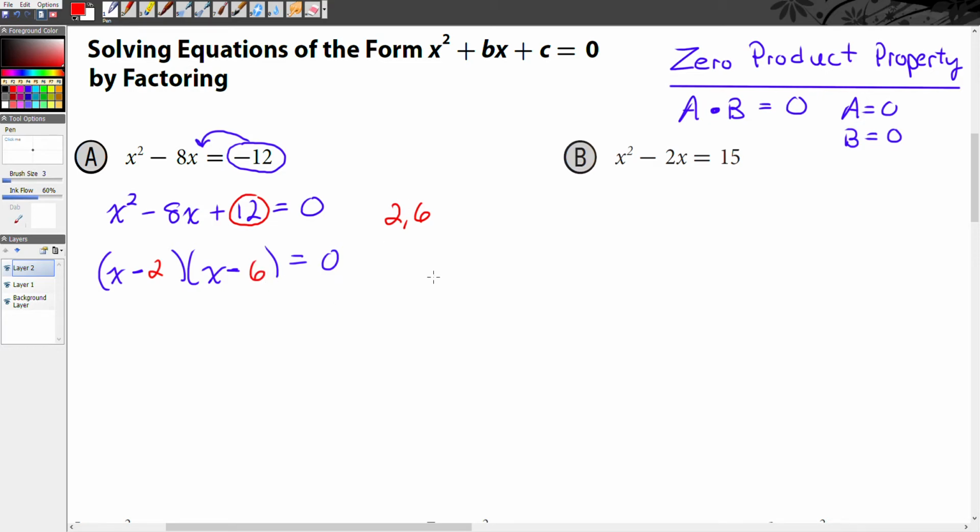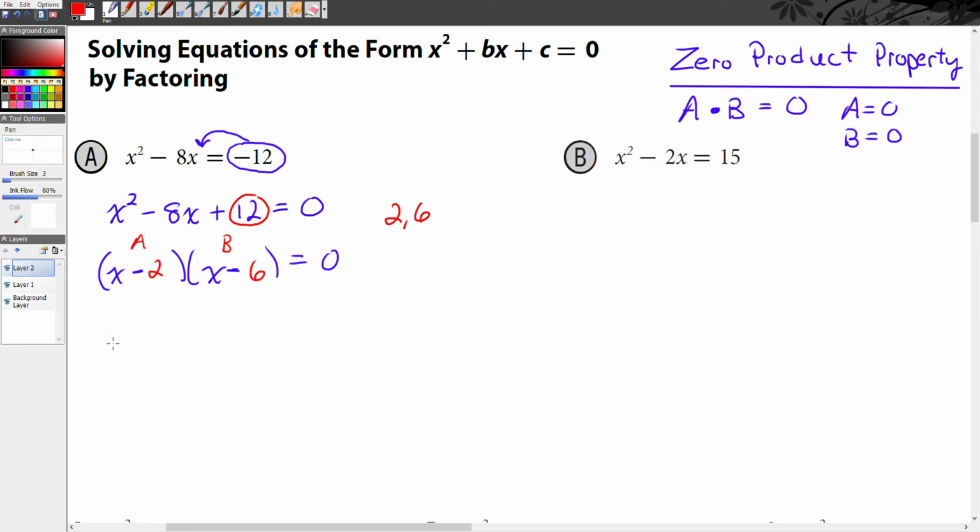Now, going to the concept of the zero product property, if a times b equals 0, then either a equals 0, b equals 0, or both, right? If you think of this first binomial, x minus 2, as being a, and this second binomial, x minus 6, as being b, then we use that concept to turn each binomial into its own equation equaling 0.